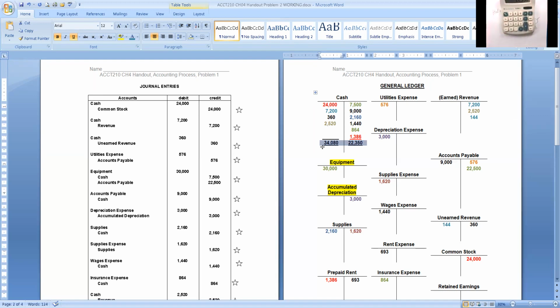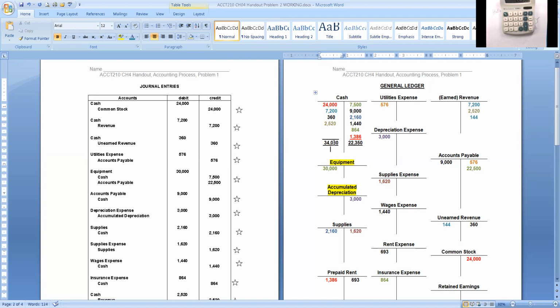Okay, so here's what we do. We got the total debits and the total credits. So what we're going to do is subtract them, and the big side always wins. What I mean by that is whatever's left over when we subtract them is going to go on the larger side, and that's going to be the balance. So in this case, it's going to be a debit because 34,000 is more than 22,000.